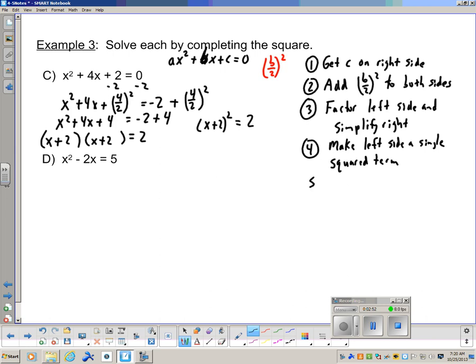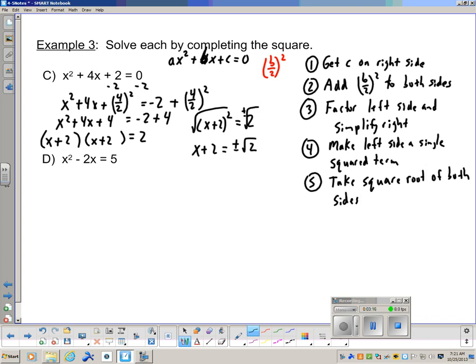Then I'm going to take the square root of both sides. So doing that, I get x plus 2 equals plus or minus the square root of 2.